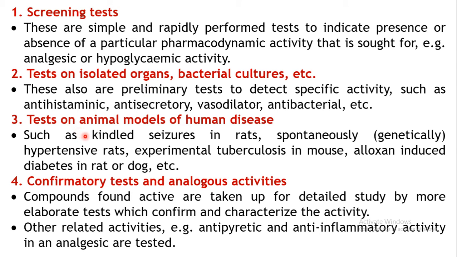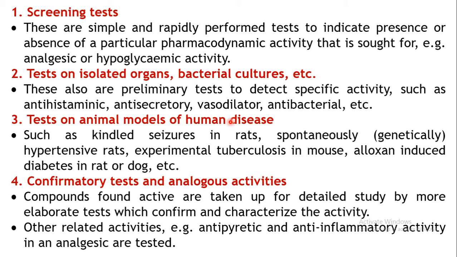Then tests on animal models of human disease can be done. Here you can test whether the drug is effective against a particular condition. If you have developed a drug which can reduce blood pressure, you can induce hypertension in the animals, then administer your drug and check whether it can lower the BP.